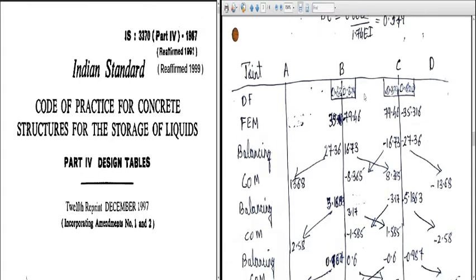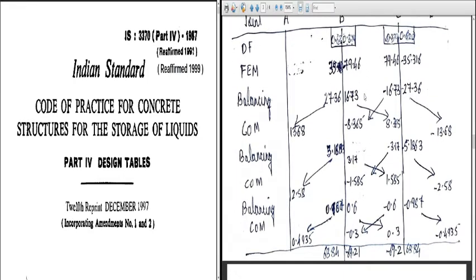So we did the moment distribution. So balancing. So how do we calculate this balancing? I'll just tell you once again, although we have done it in analysis of indeterminate structures. So the summation of this, that is 35.316 and minus 79.46, will give you some amount. So it is in terms of minus. So minus of this into 0.620 becomes plus 27.36, and minus of this into 0.379 will become this.